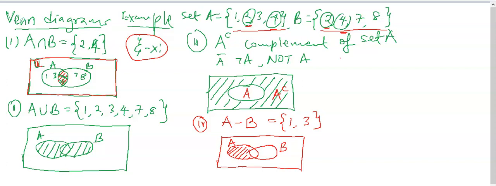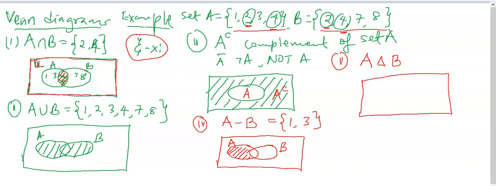We also have, let's say, the symmetric difference of set A and B. These are the elements that are in set A or B but not in their intersection.